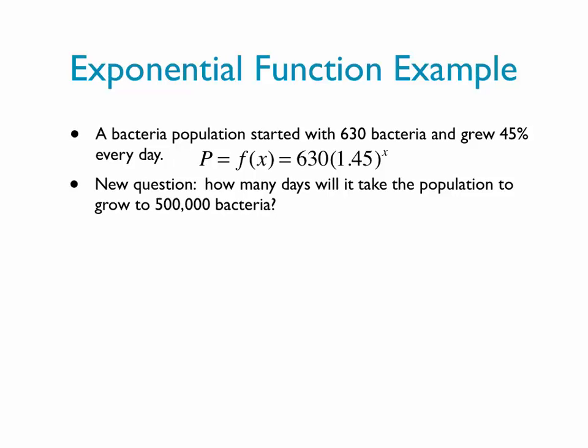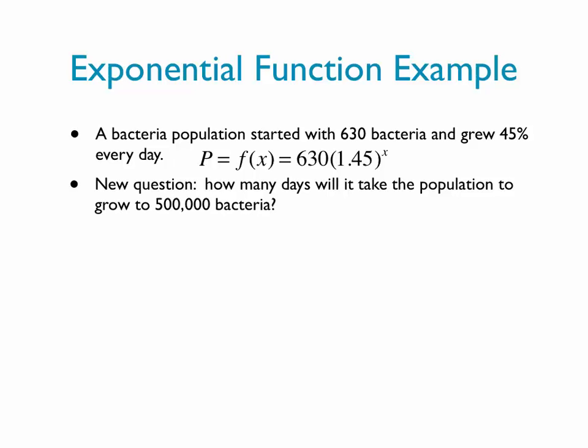Justin? Well, you know that the final population is going to be 500,000, so you'd set that equal to the function. Okay, and so is that input or output? 500,000. Is it input or output? Alex?